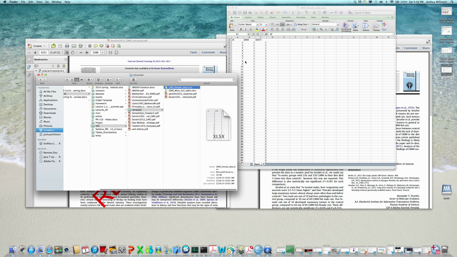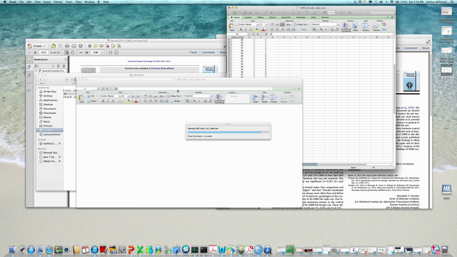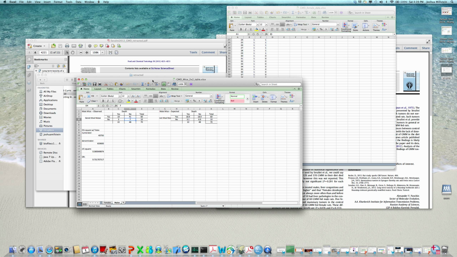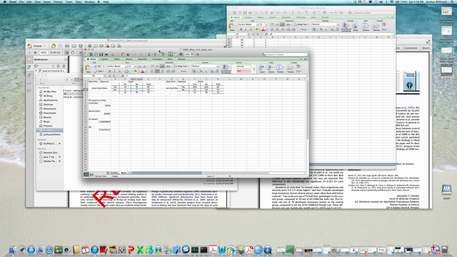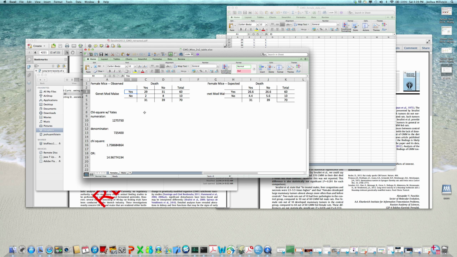This isn't a 2x2 format, but this is the data set that I want to import into SPSS to actually do the analysis using SPSS. Here's the table in a contingency table format.